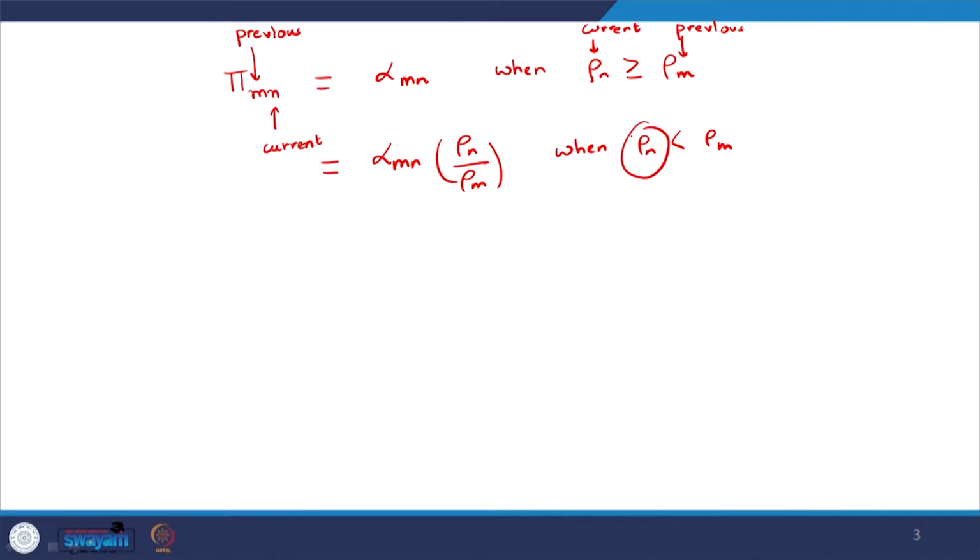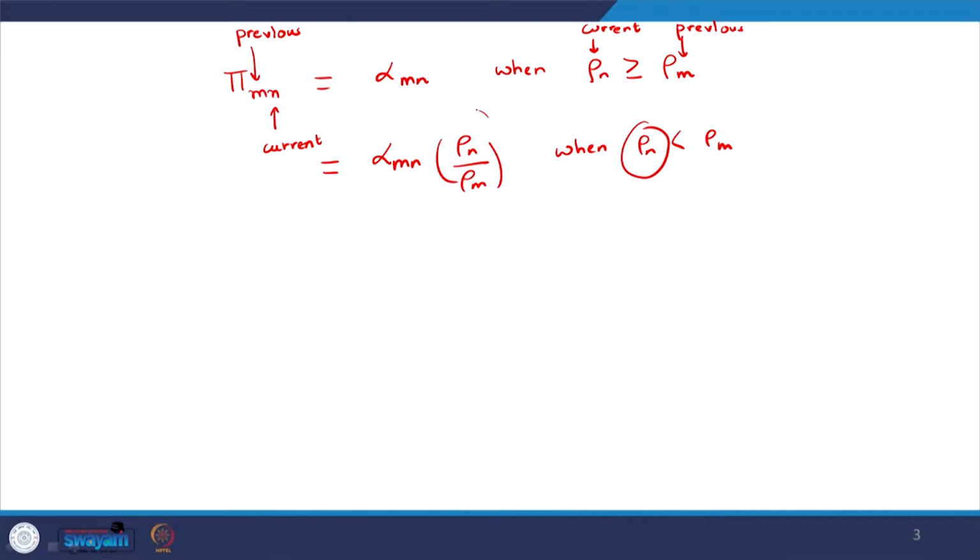So, therefore, when the probability in the current state, that is, I am starting from the previous state and making some kind of a movement or transition from that state to the current state, happens to be less than the previous state, that means I am trying to move to a state of lower probability, so I am multiplying with rho n by rho m.